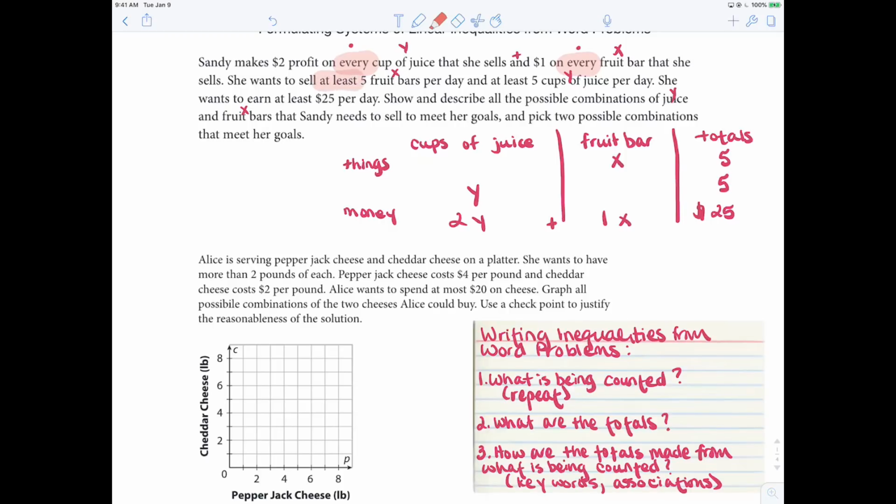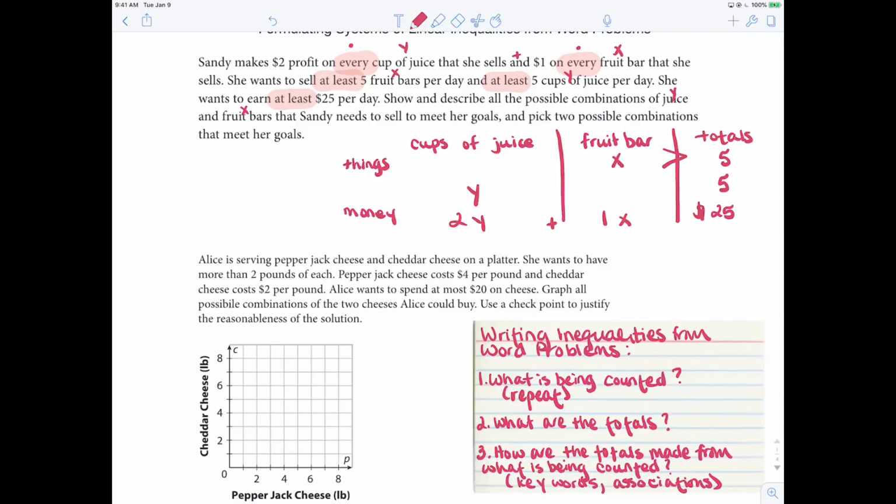So now I can put in my other keywords, and I see the keywords associated with inequalities, at least. Also, we could look for no more than, at most, things that are associated with being not just equal to something. So at least means that it needs to be above 5 no matter what.